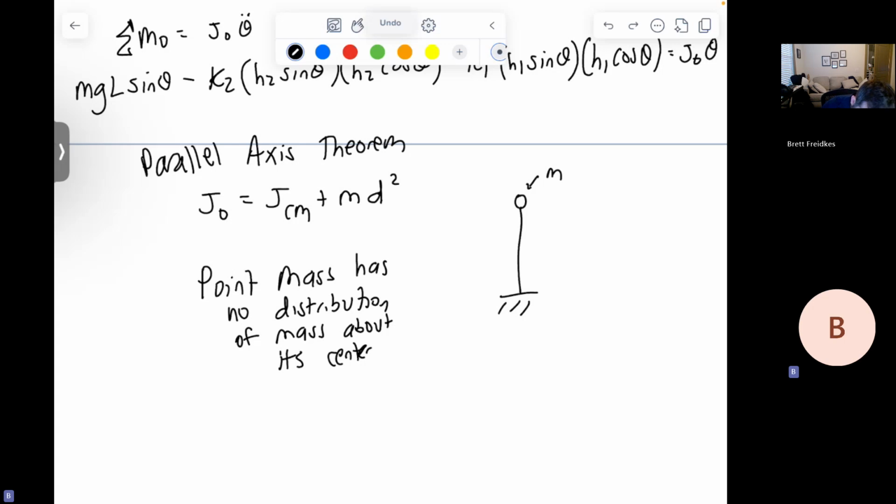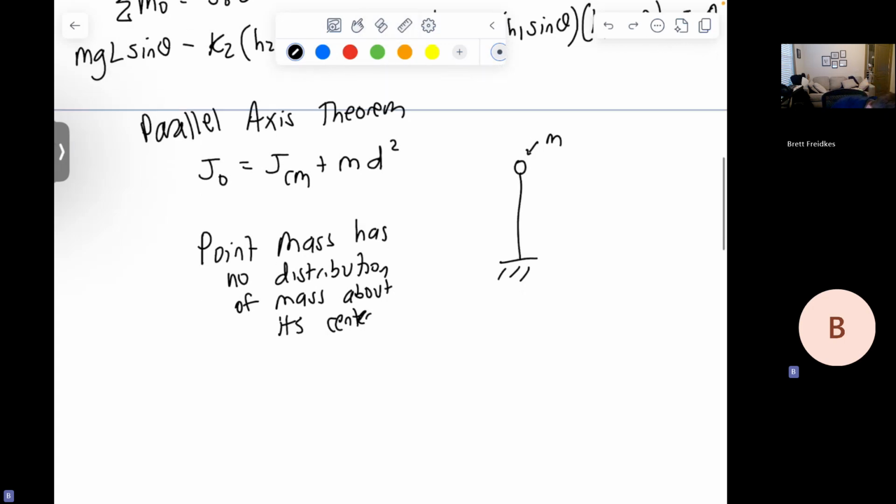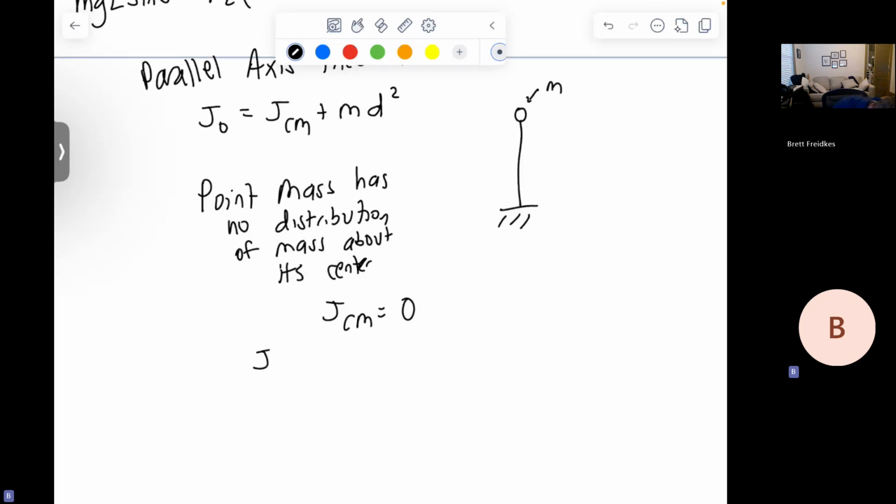Now, because of that, that means that the mass moment of inertia is equal to 0 about the center of mass, because there's no resistance to rotation. It's just a dot. It's not going to rotate or spin about its axis. So we say that J naught is going to be equal to M, and then the distance from O in this problem is L. So that's ML squared.